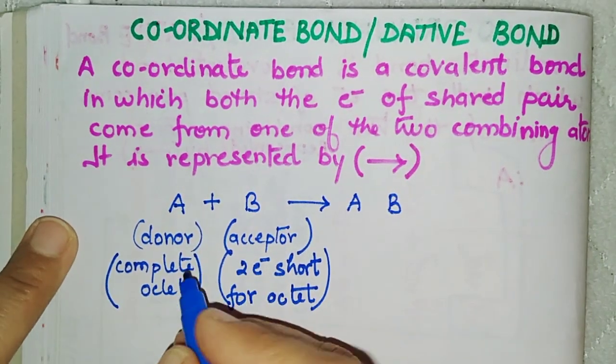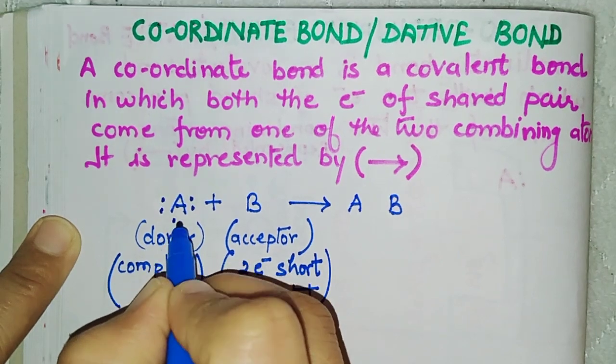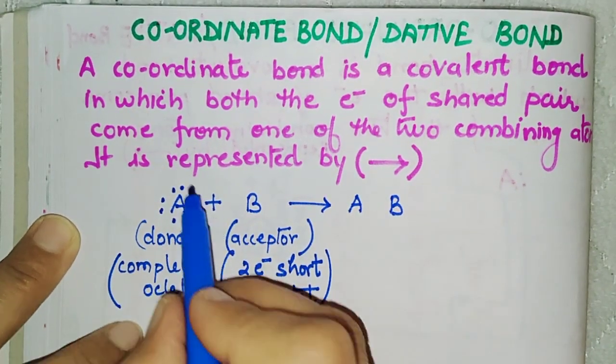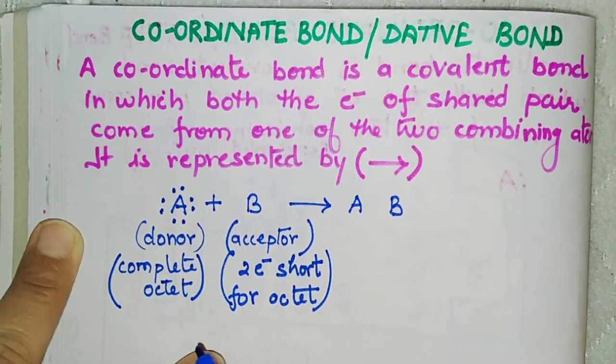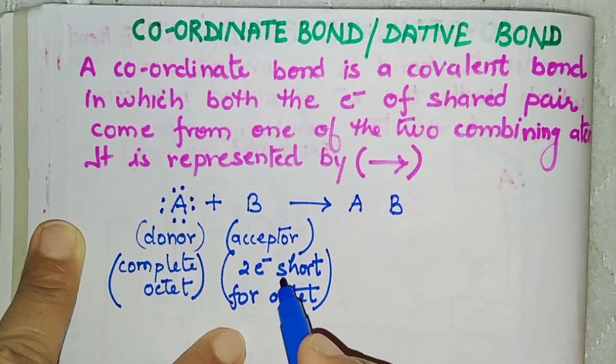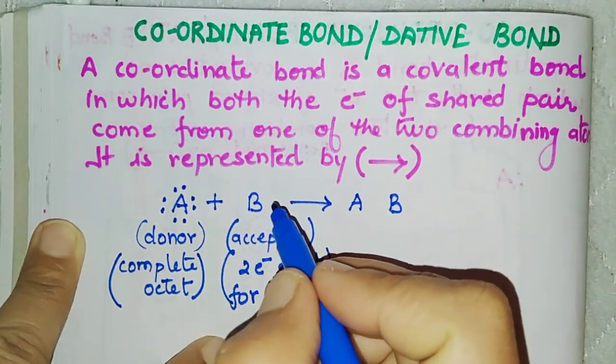Now I am doing it here. See, 1 2 3 4 5 6 7 8. This is having 8 electrons. Its octet is complete. Now which will be B? B will be having 2 electrons short. It will be having a shortage of 2 electrons. Now it must have 6.